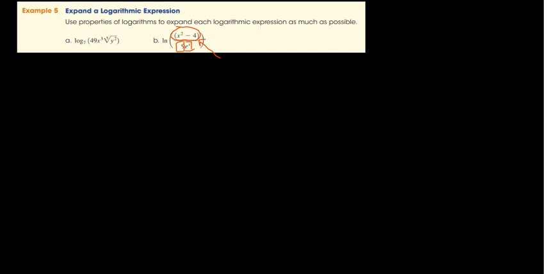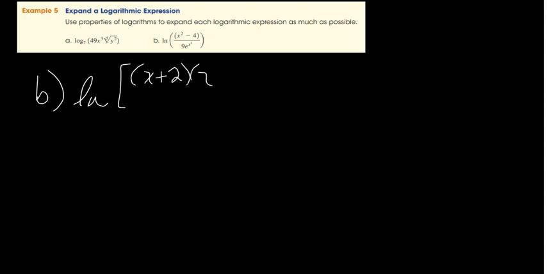So let's start from the top. Let's rewrite this with my numerator having that difference of squares already laid out. So we're going to have the natural log of, and my numerator is going to become x plus 2, x minus 2, all over 9e raised to the x cubed.